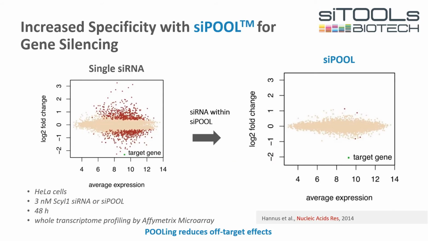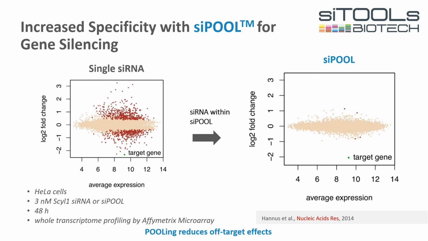Here on this slide, I wanted to show you how well the siPOOL actually reduces the off-target effect with an example. So here on the left-hand side, you can see that a single siRNA leads to an off-target effect. The knockdown of the target gene, represented here in green, is sufficient. However, the dark red dots represent a gene that was not supposed to be targeted, but the expression levels were changed upon knockdown.